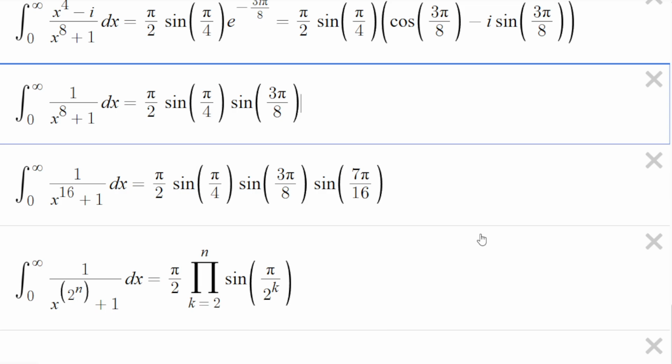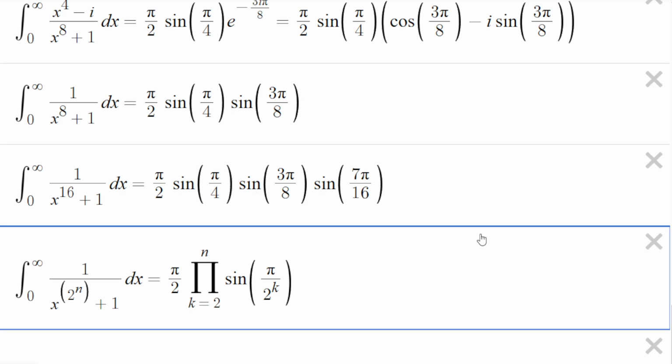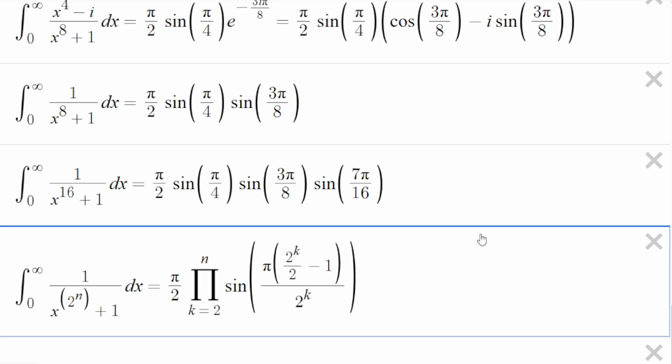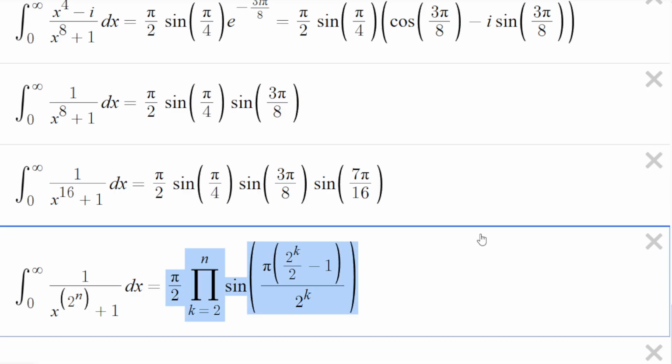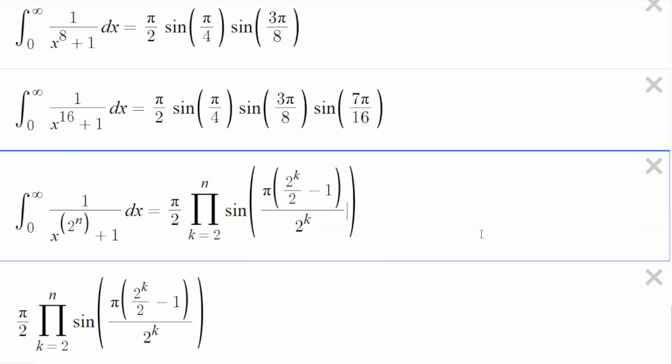Don't forget, we said the thing on top is always 1 less than 1/2 of the denominator. So 2 to the k divided by 2. All right, so that should be correct. So let's copy these down and make sure that that's actually true.